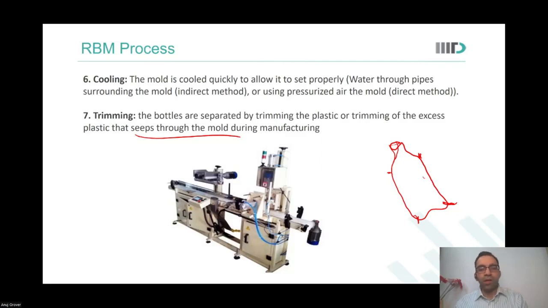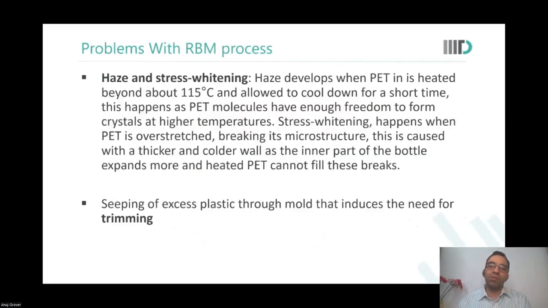So now this is the way bottles are made. But there is a problem. What is the problem? The problem is that if the plastic is heated beyond about 115 degrees C and then quickly cooled, there is whitening of the bottle, and the bottle does not look good.